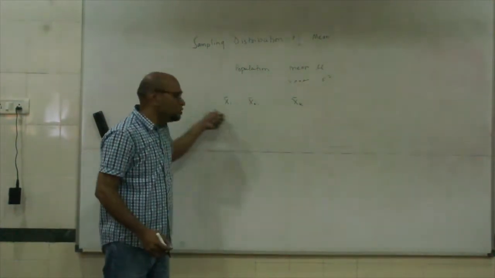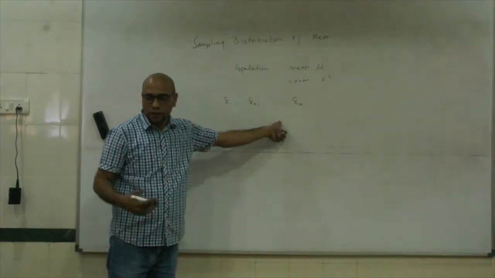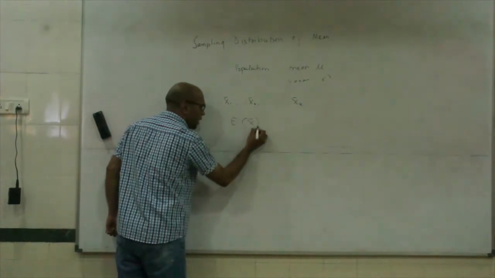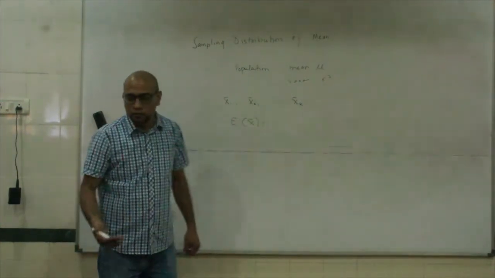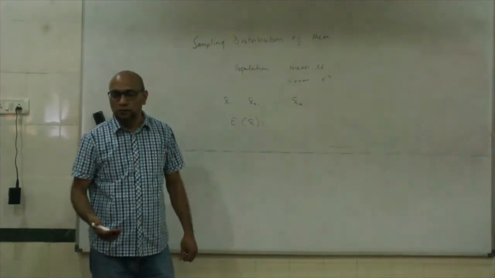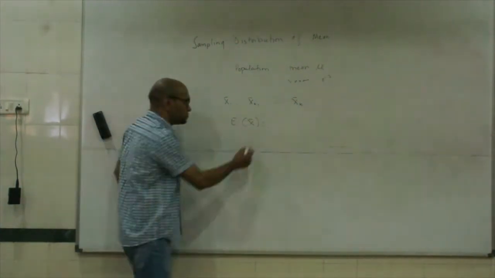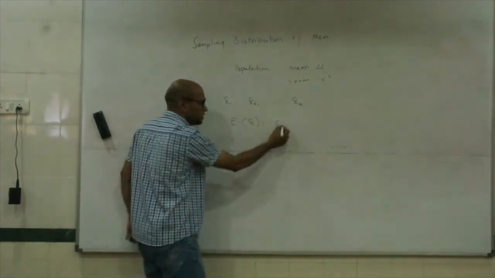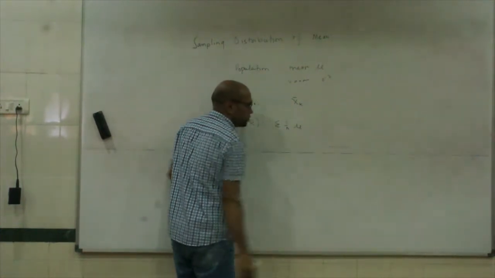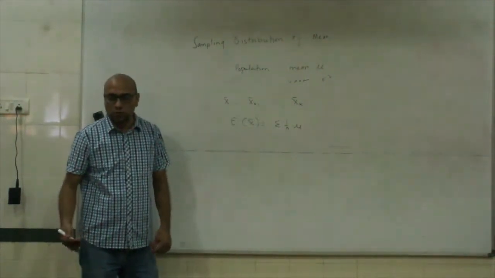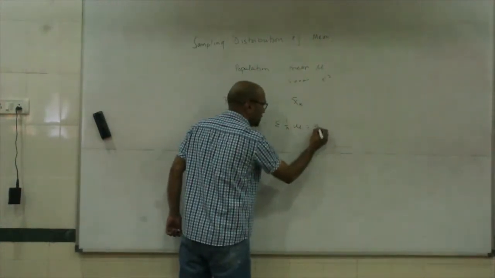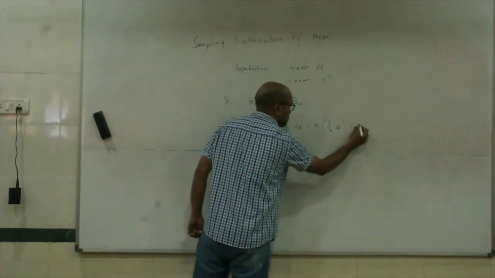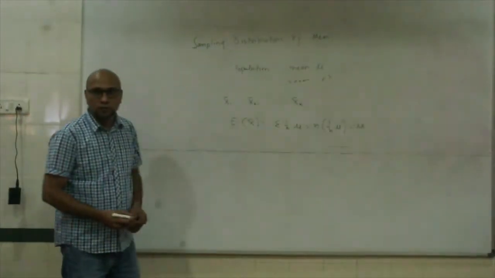If I compute the mean of all these means, that is the expectation of x bar. I know it's going to be the summation of i equal to 1 to n of 1 upon n mu, which means it will be n into 1 upon n mu, which means it's mu, right?